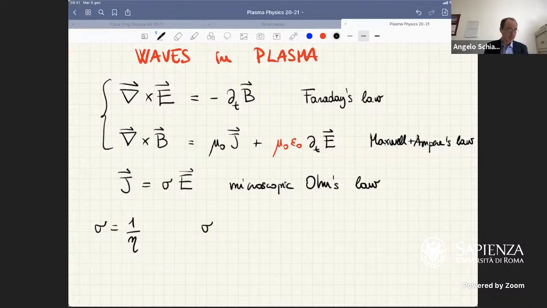So for us, sigma is going to be just a scalar quantity, so it means that we are dealing with a non-magnetized plasma. So we concentrate our treatment here in a non-magnetized plasma.